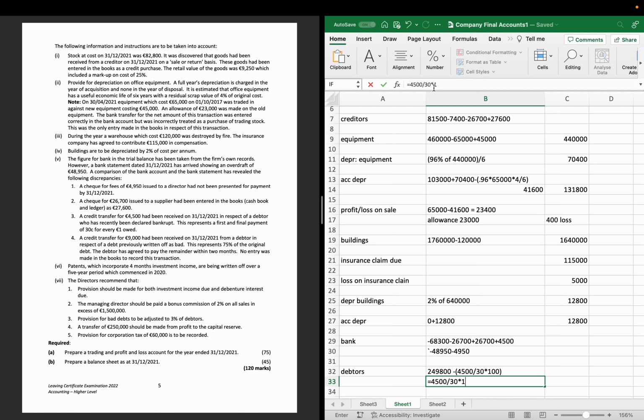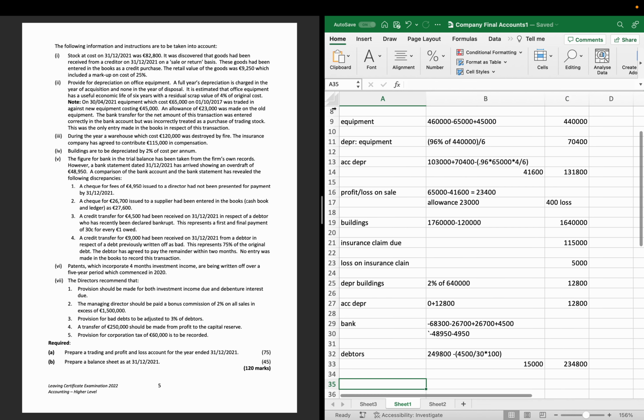Should be 15,000. It is. So that's 249,800 minus 15,000. That might change again in a minute. Now the difference between the 15,000 and what you've received, 4.5, is a bad debt written off. So that's an expense.